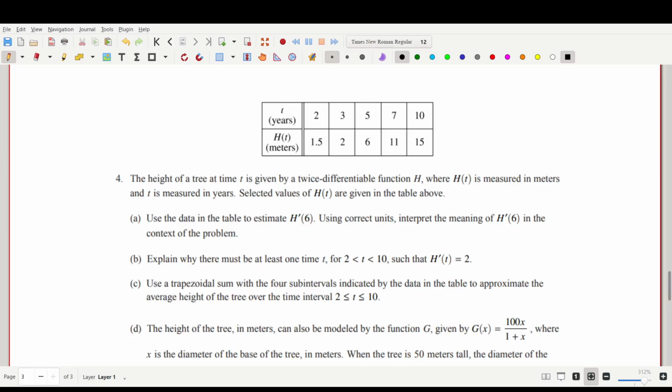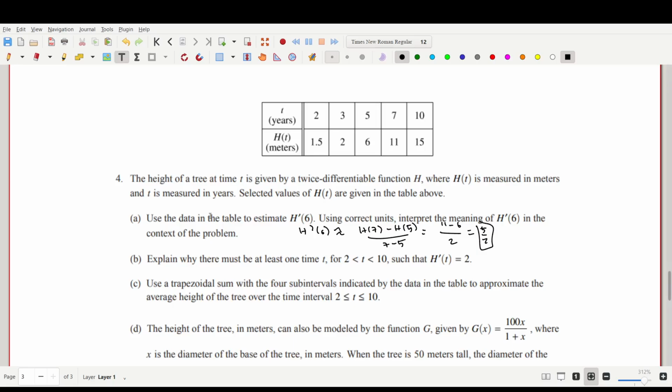Okay, they just want the average rate of change on this interval, basically, because 6 is in the middle. That's the idea. So h prime of 6 is approximately h of 7 minus h of 5 over 7 minus 5, which is equal to 11 minus 6 over 7 minus 5, which is 5 halves. Cool. And then it wants an interpretation.